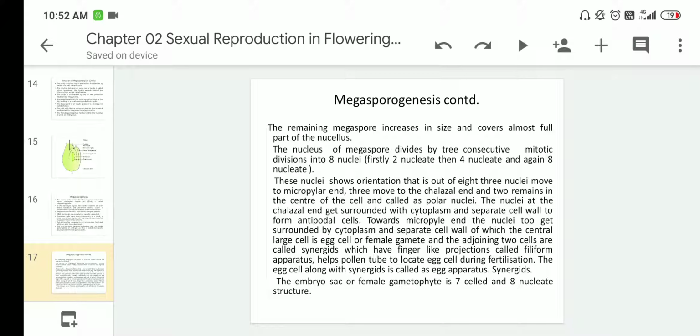And in the large central cell, 2 nuclei, called polar nuclei, together make the 8 nuclei and cells 7 only. The central large cell, egg cell, synergids, antipodal cells.